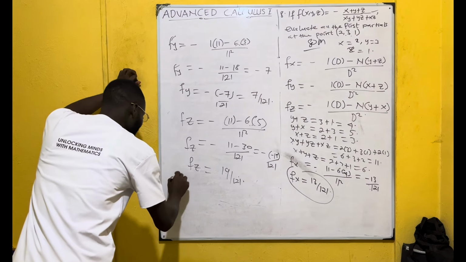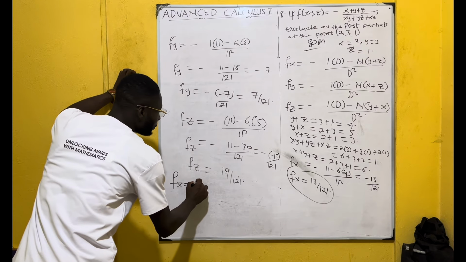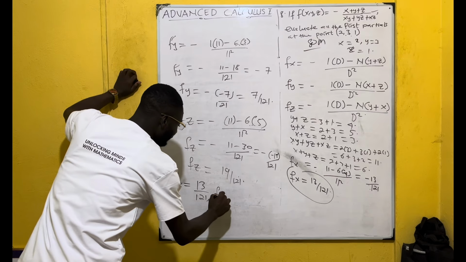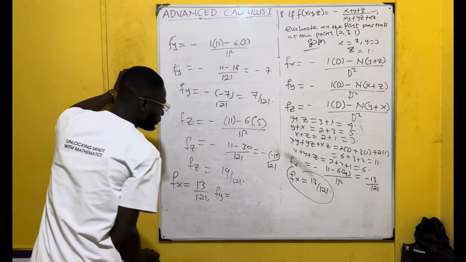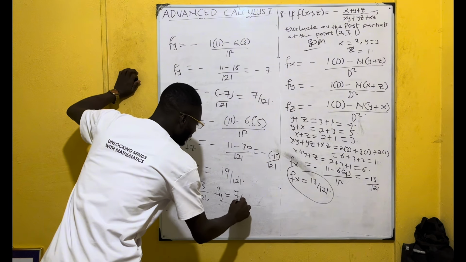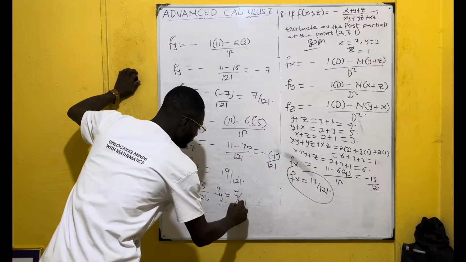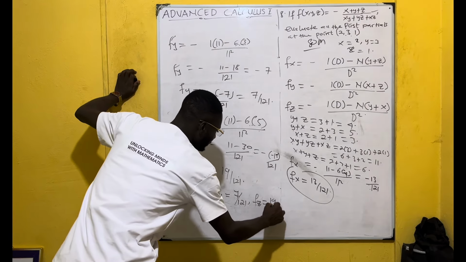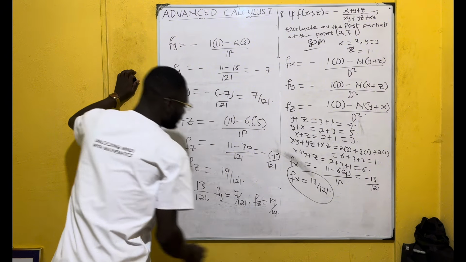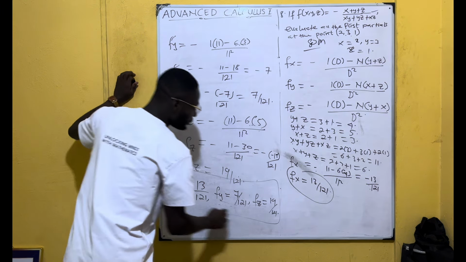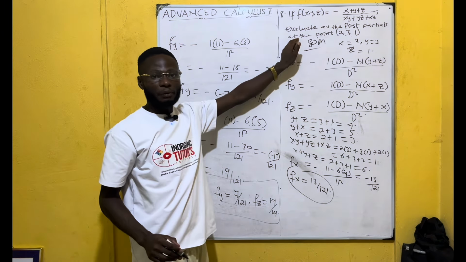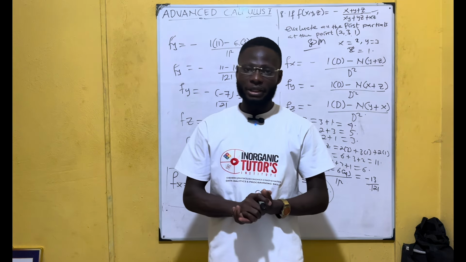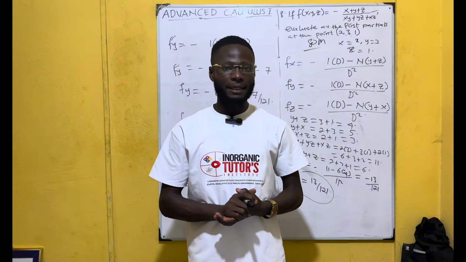So we say that fx is equal to 13 over 121, comma, fy is equal to 7 over 121, and then fz is equal to 19 over 121. So that is the values for this particular problem. So that is question number 8. Give us some short break. I'll be back with question number 9.